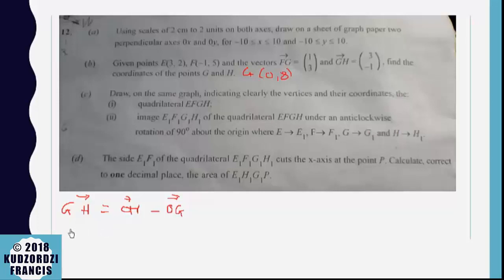GH is (3, -1). Then OH, we don't know, minus OG, which is (0, 8).